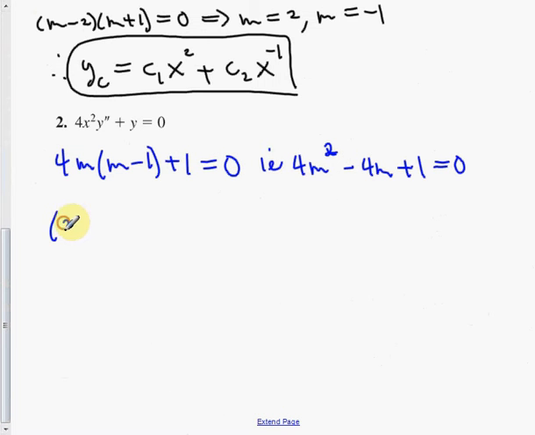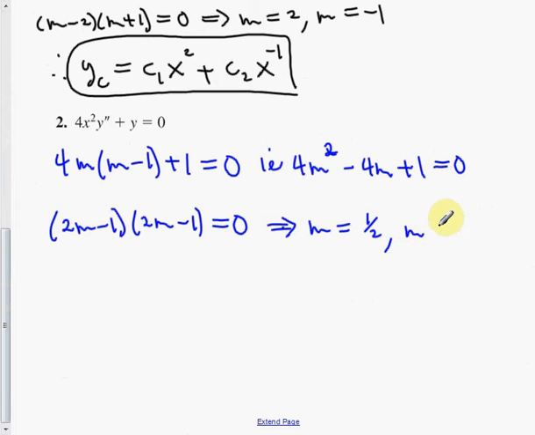You can factor: 2m minus 1 times 2m minus 1 equal to 0. So this implies that m equals 1/2 and m equals 1/2. That's a repeating root. But you see how quick it is to do that shortcut?